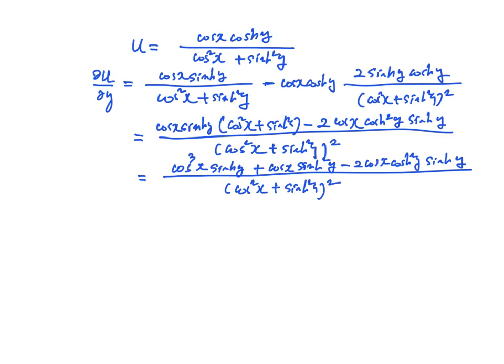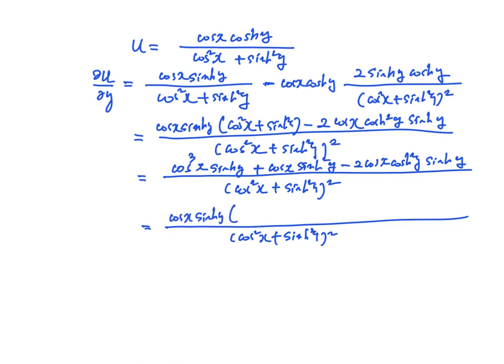So this factoring. So cosine x sine hyperbolic y, then you put cosine square x minus cosine hyperbolic square y, and cosine x sine hyperbolic y.